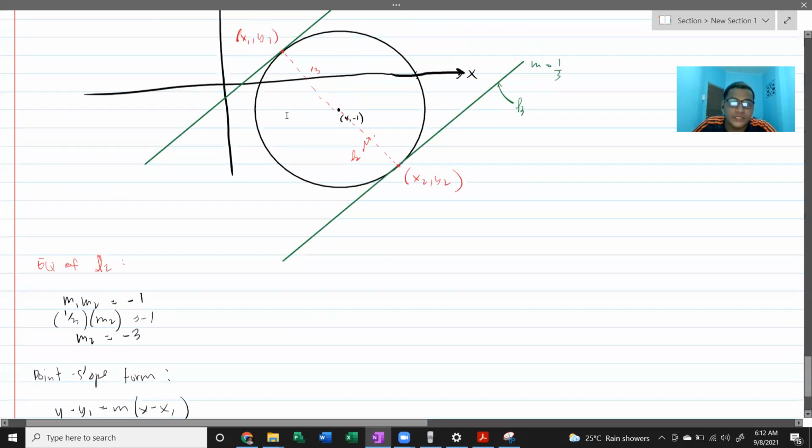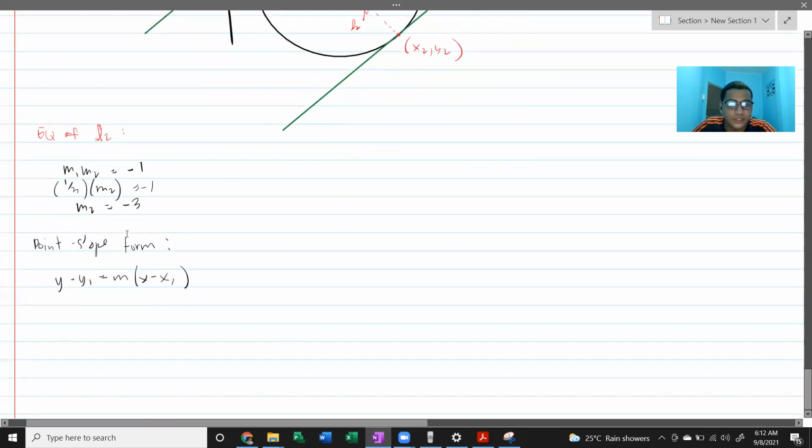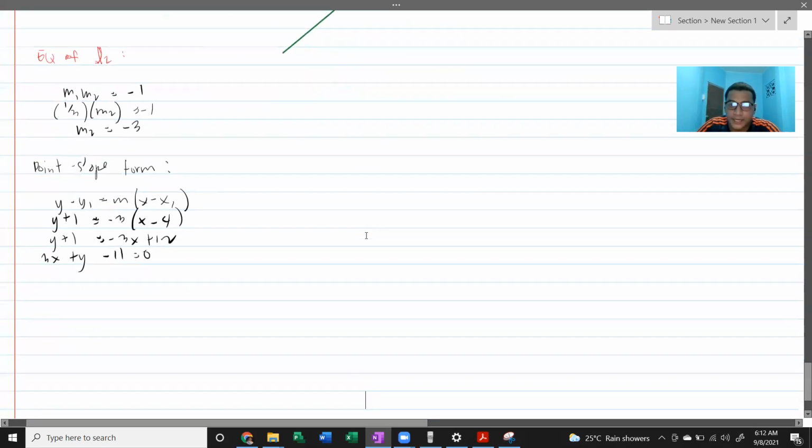So our point here is (4, -1), and our slope here is -3. y plus 1 equals -3 times x minus 4. So y plus 1 equals -3x plus 12, or we have 3x plus y minus 11 equals 0. Okay, so this is the equation of our normal line.